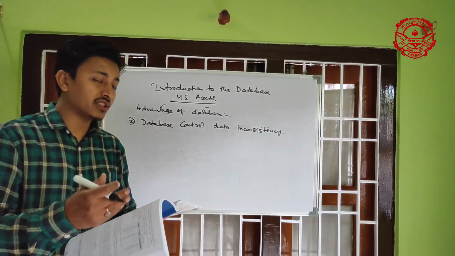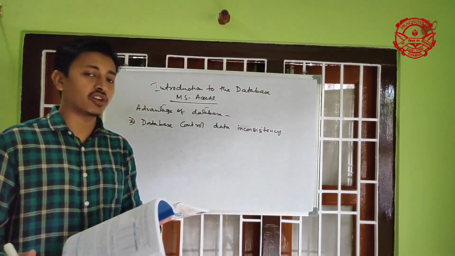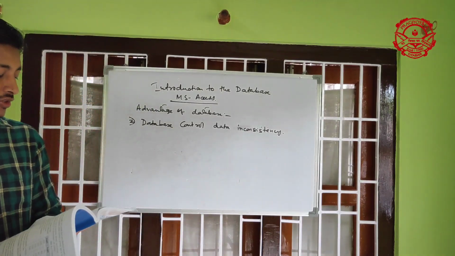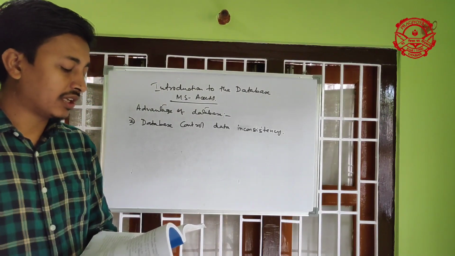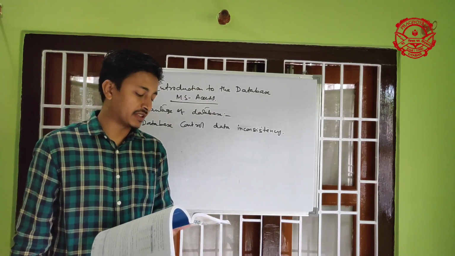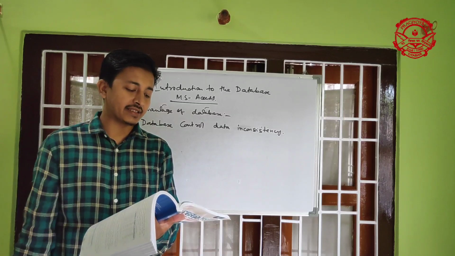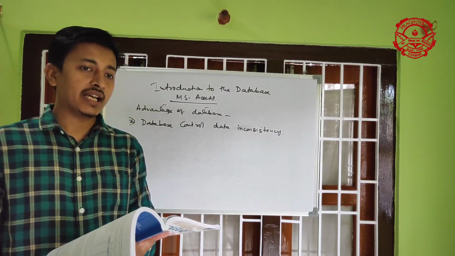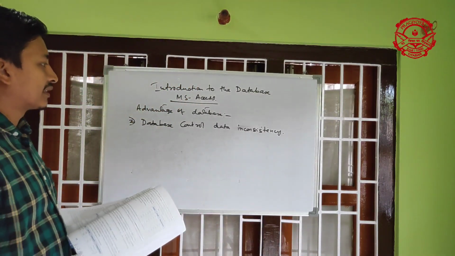The new address will be reflected in the bus information file, but the same change will not be made in the fees information file. So the two files have two different addresses for the same student, and the data will not be consistent.